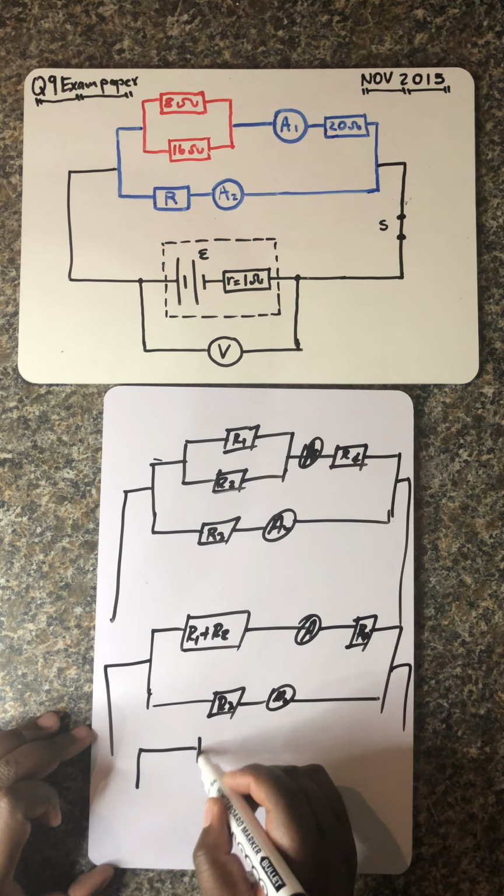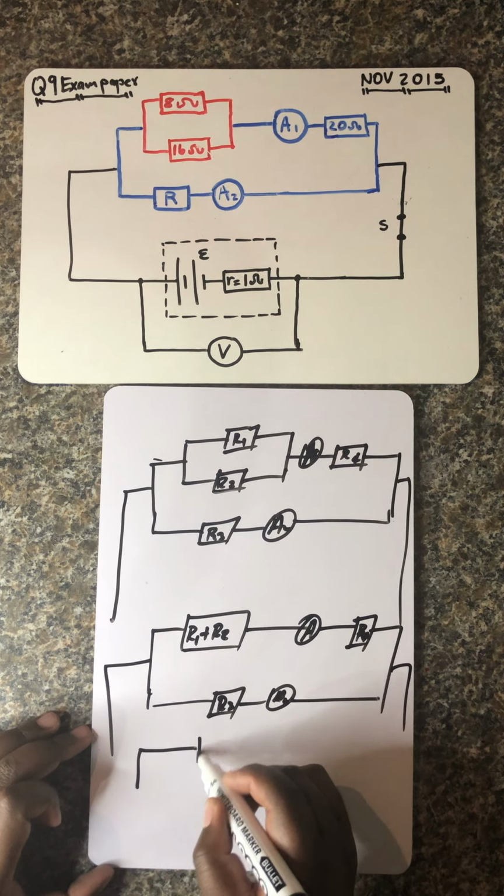Let me just do it this way. You've got that ammeter 1, and then you've got this R3, this is ammeter 2, and then you've got that. I hope you're able to see, guys.